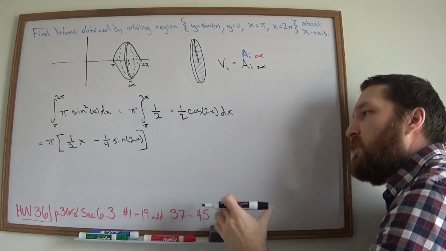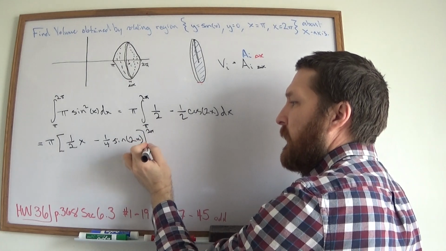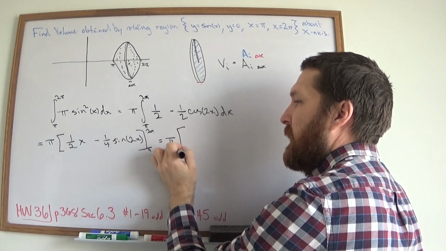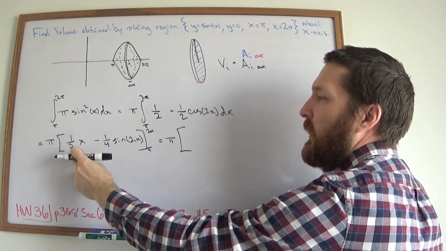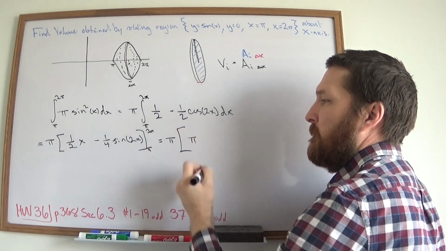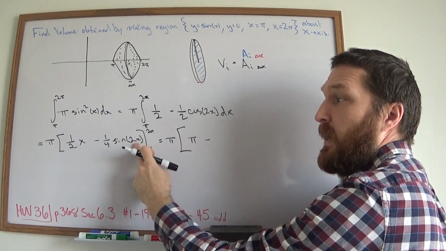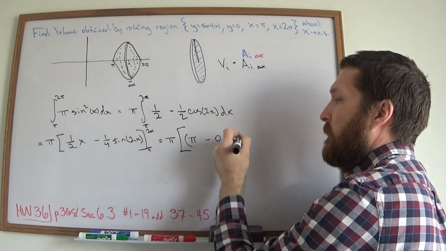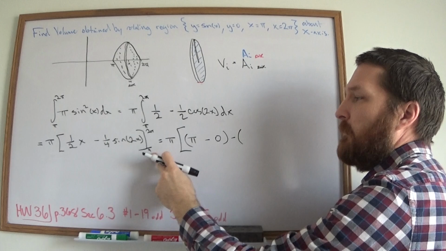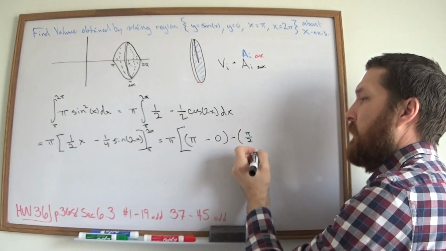So we're good. Okay, so now let's evaluate that guy up at 2 pi and down at pi, and we get the pi on the outside. Now, plugging in my 2 pi gives me 1/2 times 2 pi, which is just pi. Minus, that's an integer multiple of pi inside sine, so it's a zero, big fat 0. Minus, okay, I plug in my pi into here and I get pi over 2.